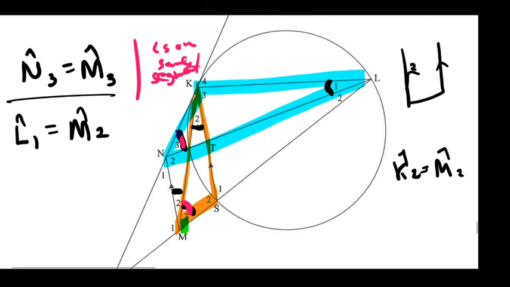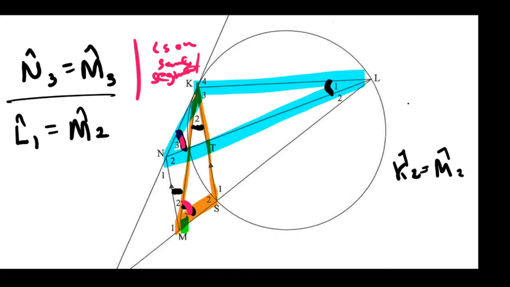So it's something like this, and then the 2 is here. So this is the Z, whereby this angle here is equal to this angle there, because of these parallel lines here. I hope it's visible enough for you to see what I'm trying to show you.